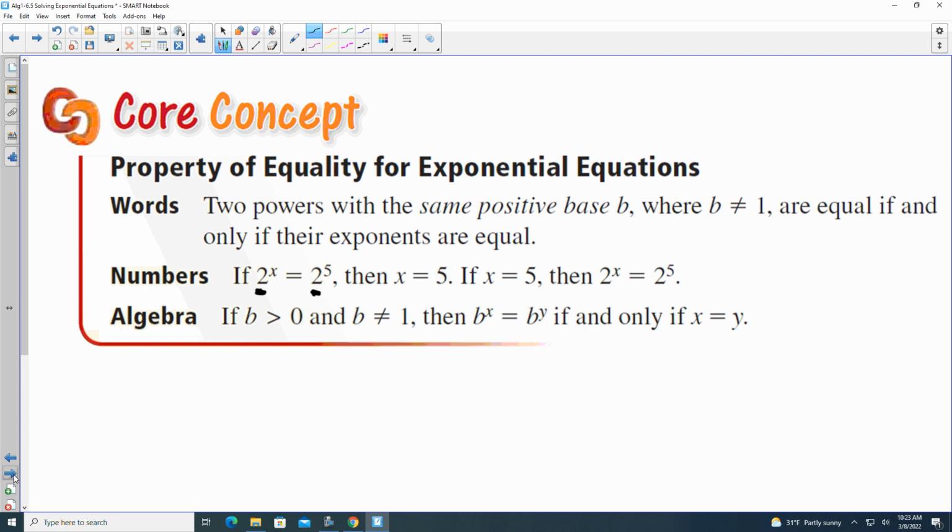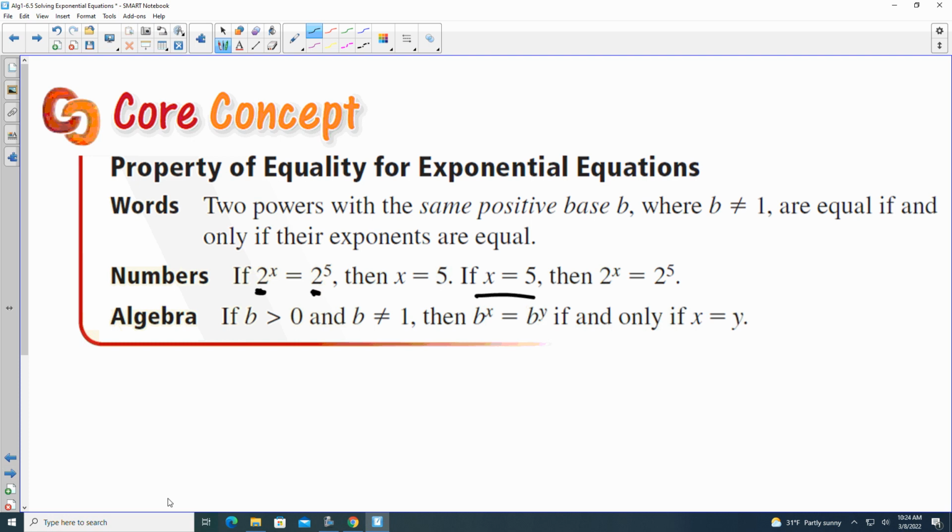Once you've established that both sides of the equal sign have the same base, you can eliminate the base and just look at the exponent value from there. So I have x over here, I have 5 over here.